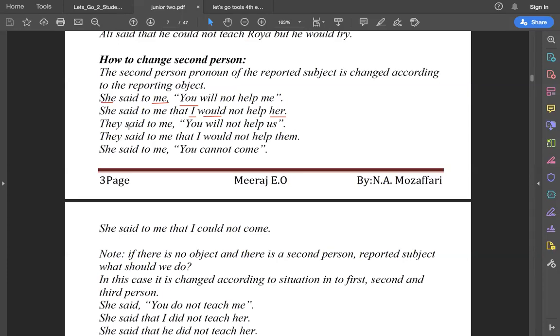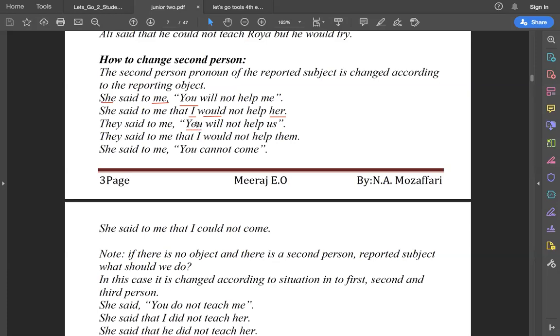They said to me, you will not help us. So here also we have you. So you is the first person. No, you is the second person. So we said that the second person always changes according to the objective form.